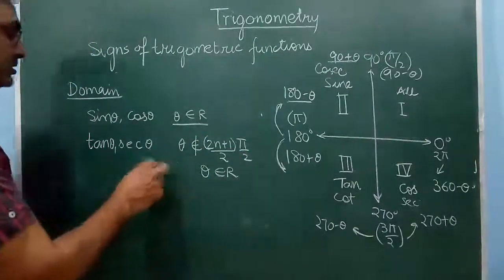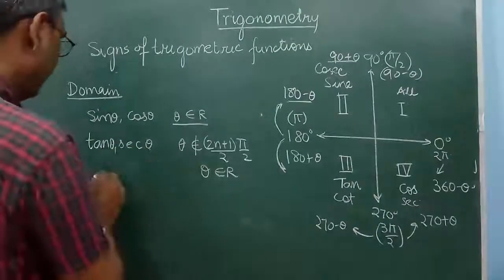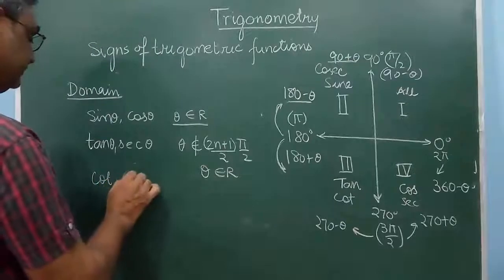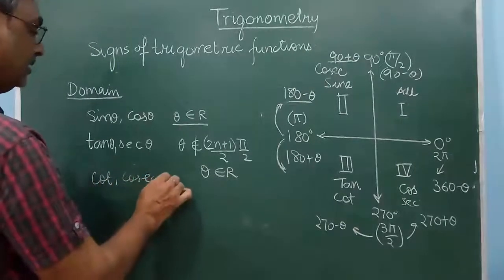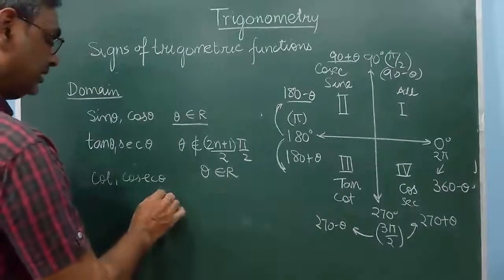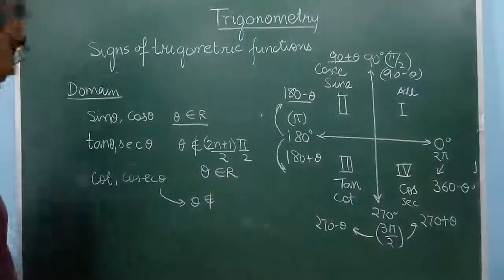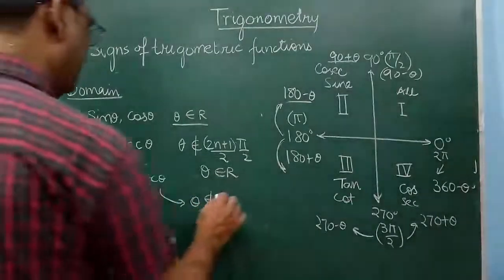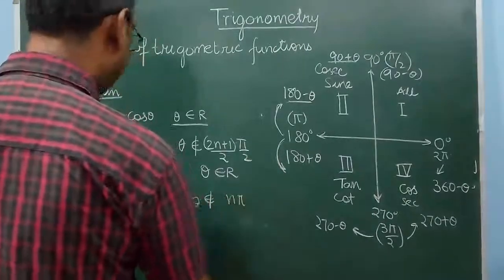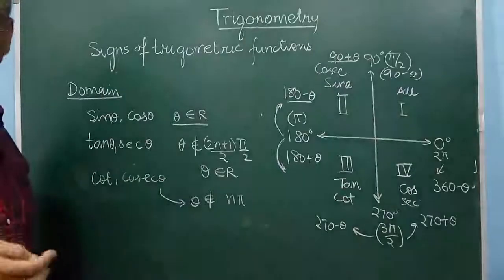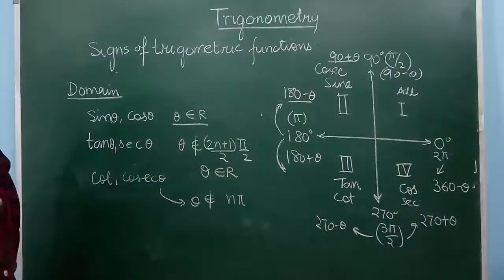This is very necessary that you see, and next are cot and cosec. For these, theta should not be n pi, because in the denominator we will have sine, and sine is 0 at all multiples of pi.